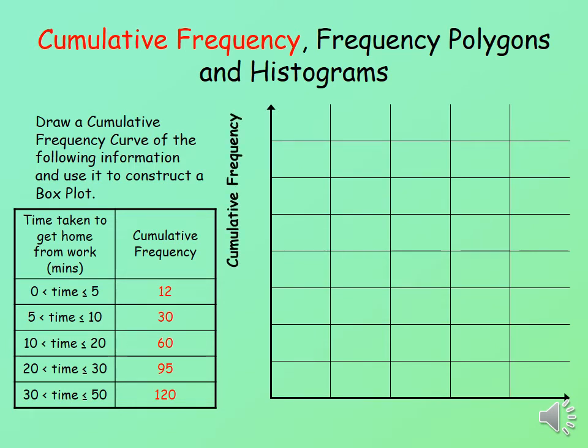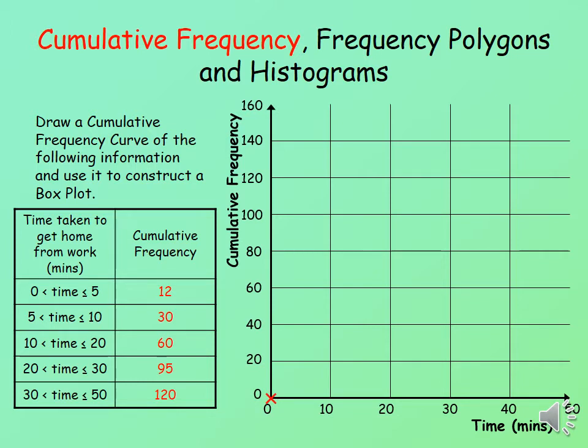So cumulative frequency goes there and time goes there. Okay, give you a short time to freeze. Okay, I'm about to put the scale and the figures on then. So that's the scale I've used for time, and that's the scale I've used for cumulative frequency. So we need to plot those figures.